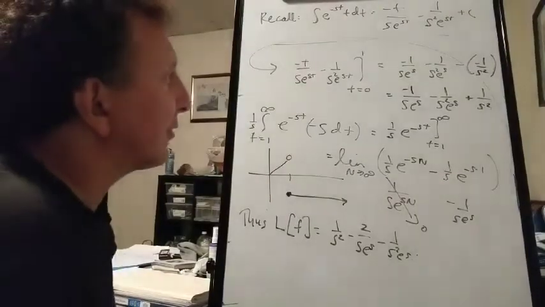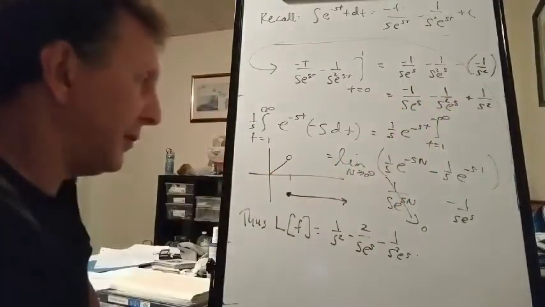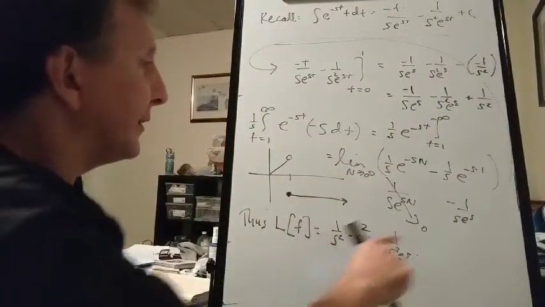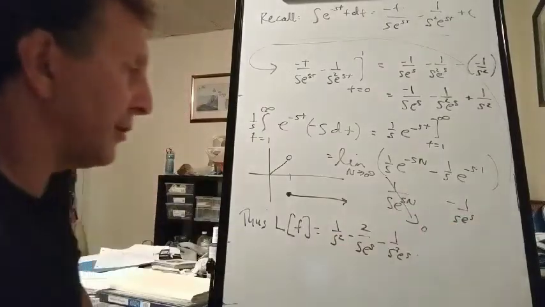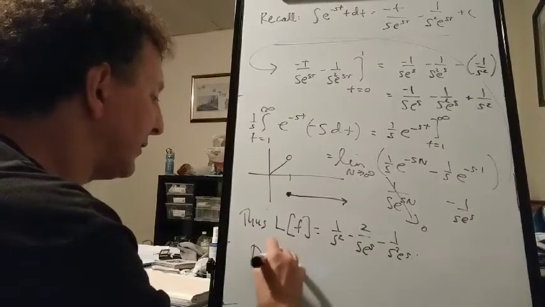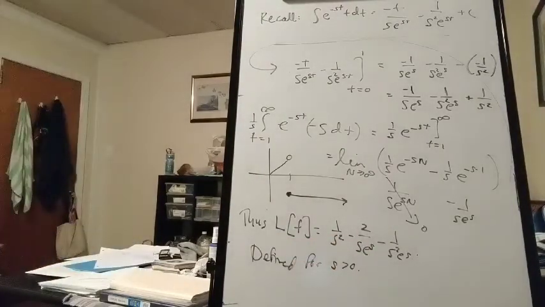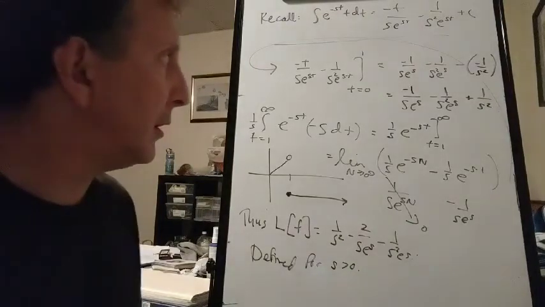And again, these functions are all defined for s strictly greater than 0. We don't want s to be 0. So these are defined for s greater than 0.